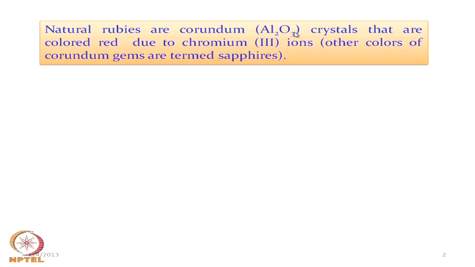So, this can also give us another example, the ruby. The naturally occurring ruby material is nothing but a corundum crystal based on alumina, alpha alumina, sometimes doped with some chromium 3 ions.